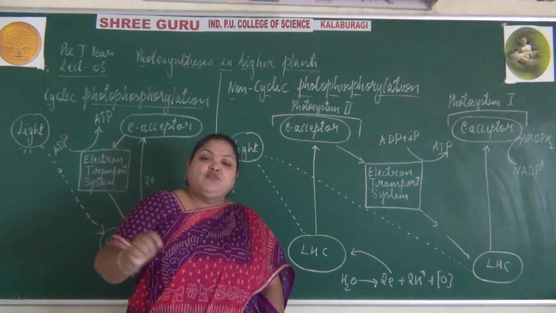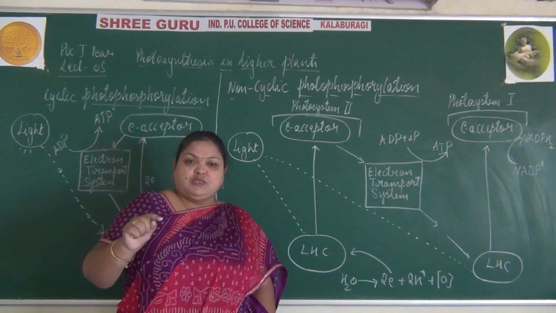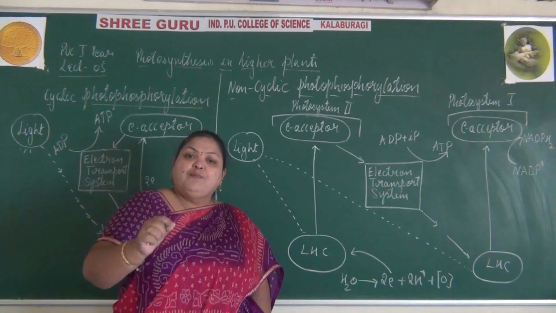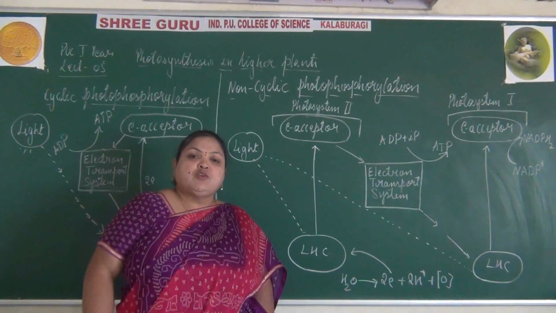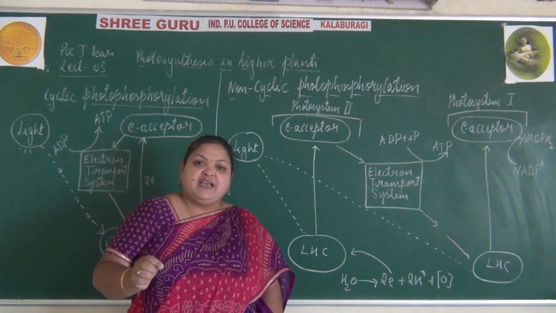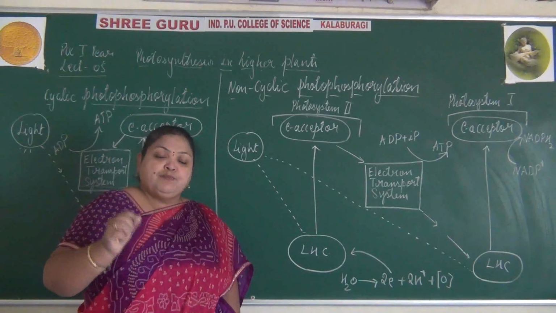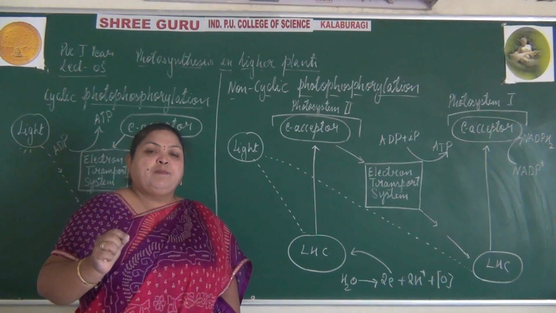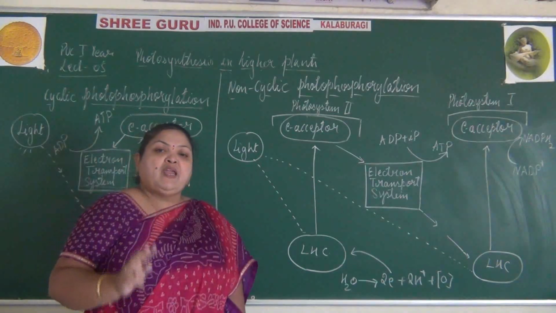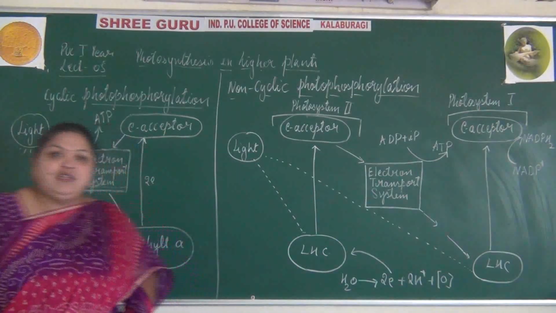So there is movement of the electrons with the help of photosystems. As the light falls, we will go through how there is synthesis of ATP and NADPH2. ATP molecules and NADPH2 molecules are synthesized by two main processes, cyclic and non-cyclic.